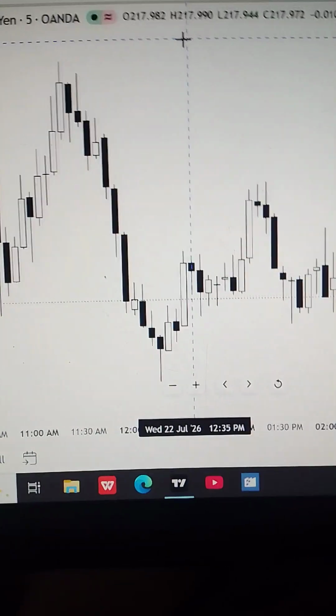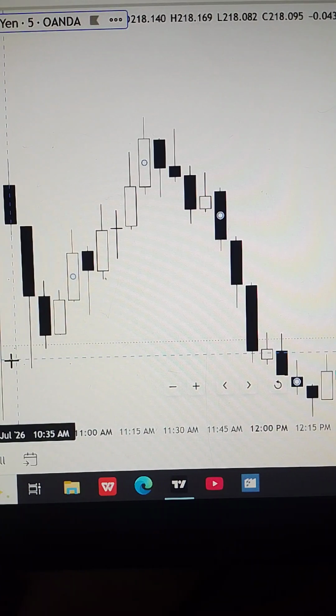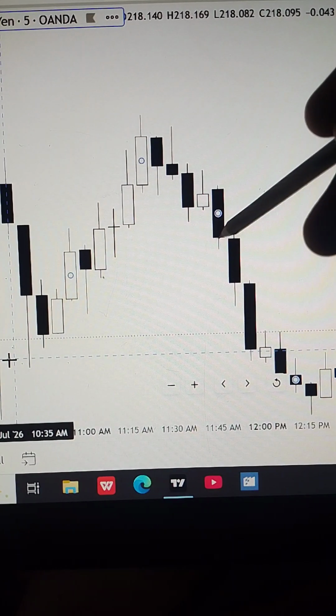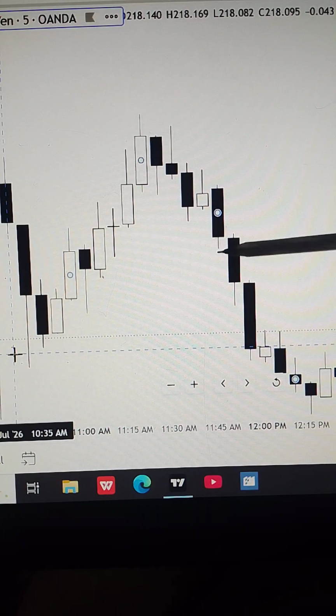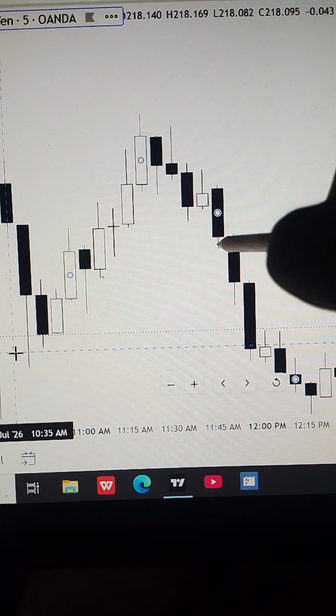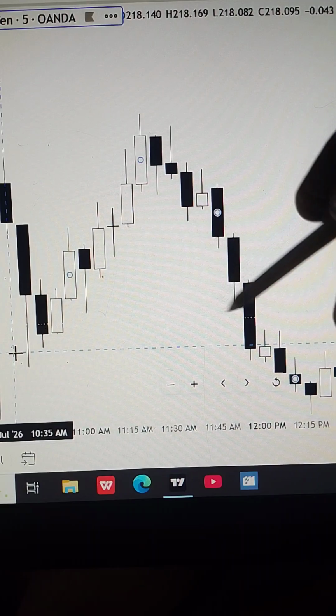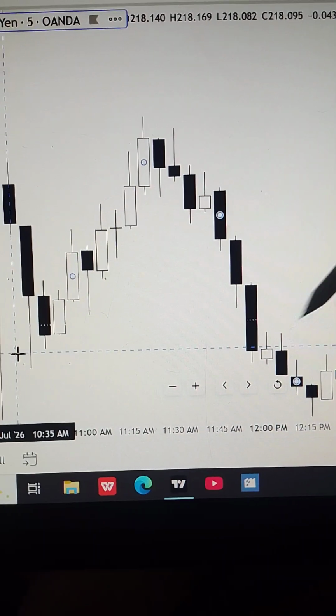Let me zoom for you to see. You can see the wick. This is where the market had reached. The next candlestick closed below it, so that is a breakout.